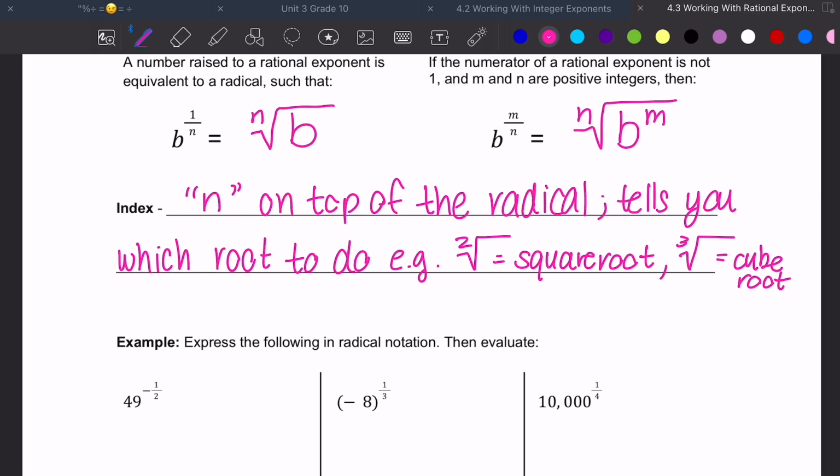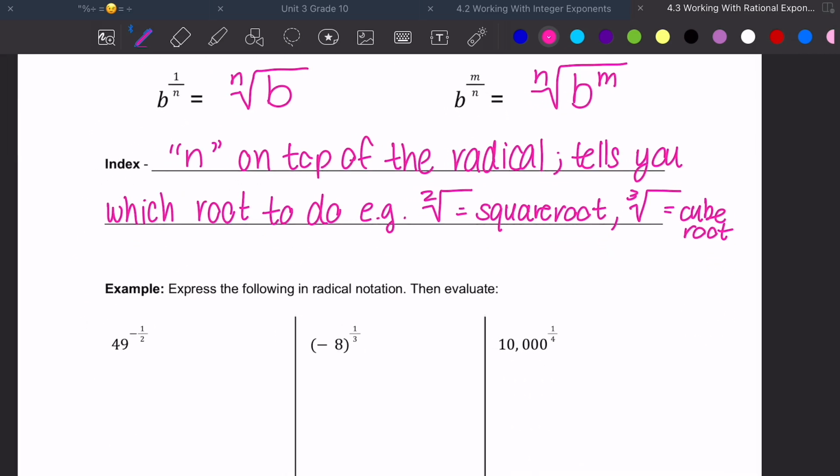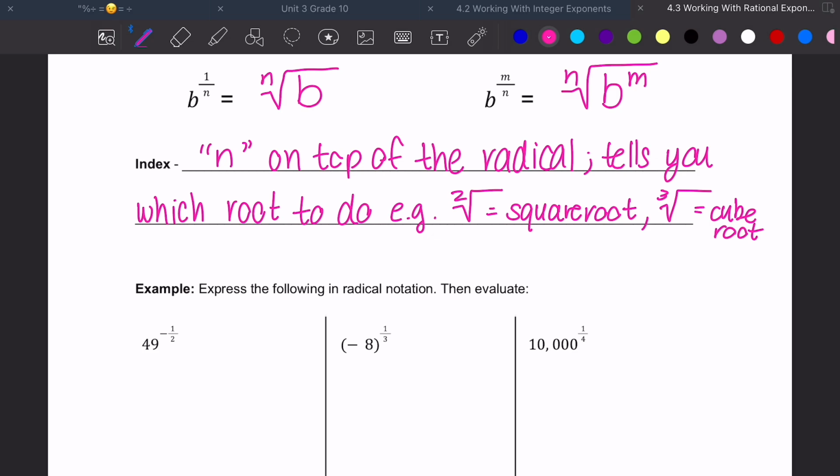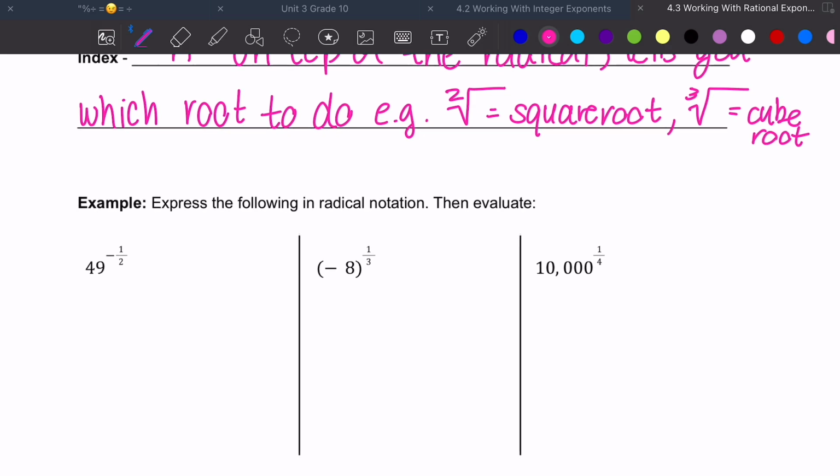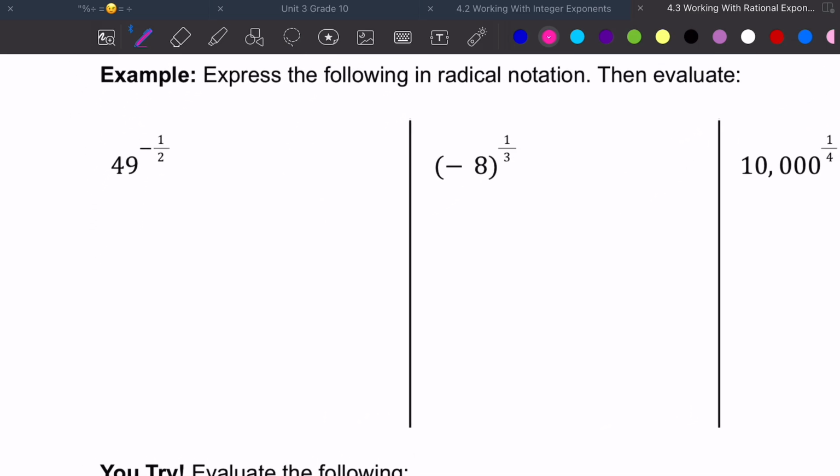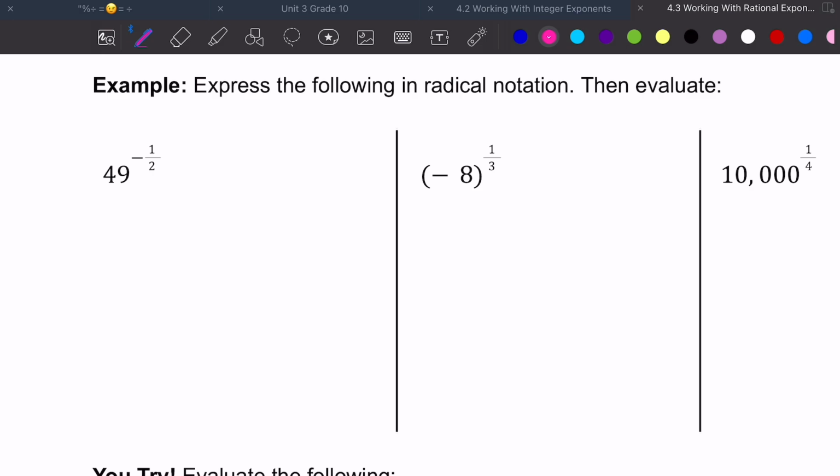We're going to practice this. Okay, am I good to start? For example, if I've got 49 to the power of negative 1 over 2, first thing I've got to address is the negative, because negative means what? We're banishing it to the basement, into the denominator. So this is really like 1 over 49 to the power of 1 over 2.